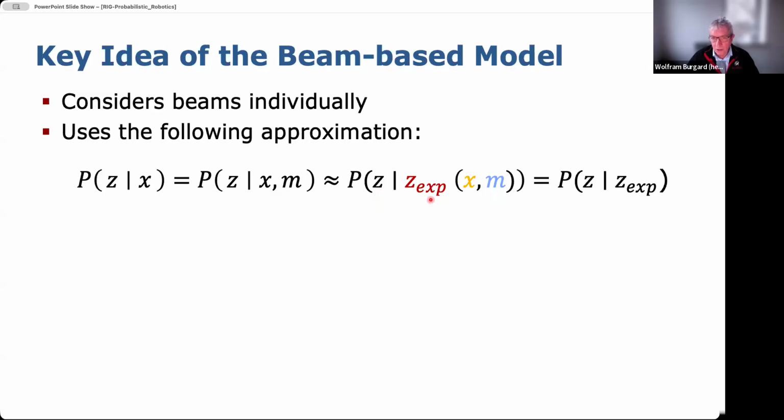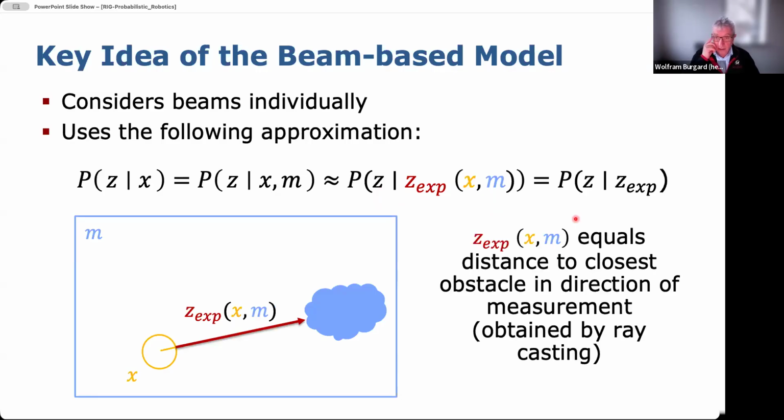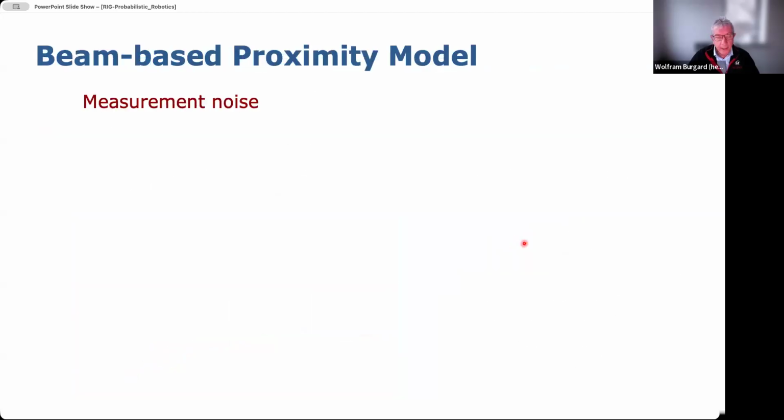And then what we are doing is comparing this expected distance to the distance measured. That's what we see over here. So this visualizes that we project the robot into the map, look at what distance we would expect, and then calculate the likelihood of Z given the expected measurement. And by doing so, you're abstracting from the individual location.